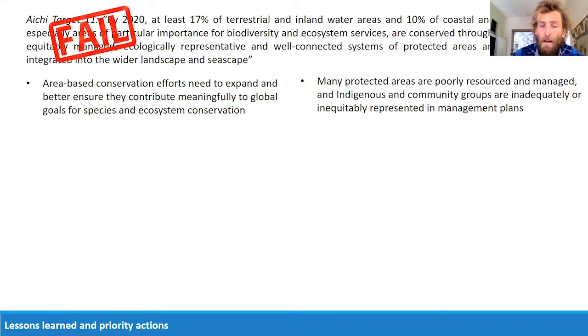We also know that a lot of protected areas are really poorly resourced, and this is leading to ineffective management, and that many Indigenous and community groups are inadequately or inequitably represented in management plans. So these are two clear things that emerge. I'm not giving the sandwich feedback here, sorry, but these are two big lessons that need to be addressed in the next decade of area-based conservation.